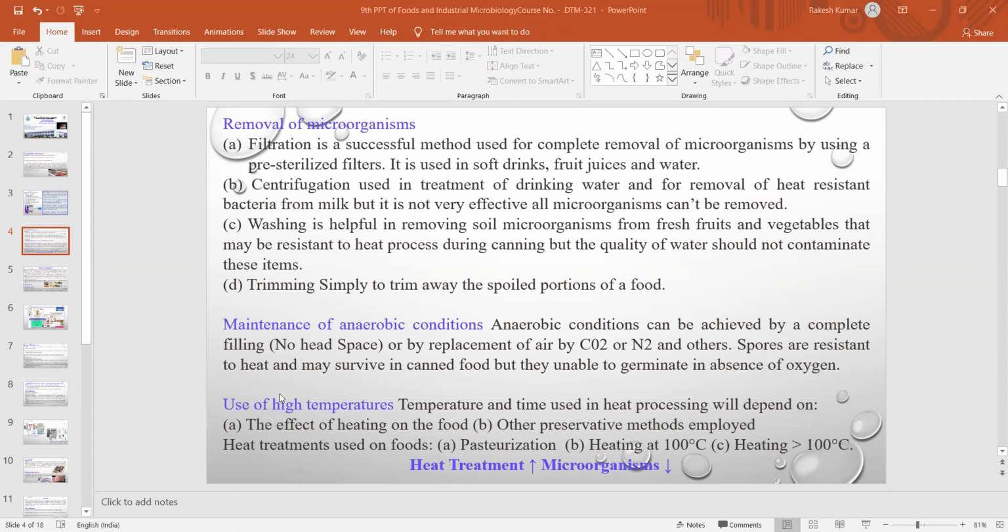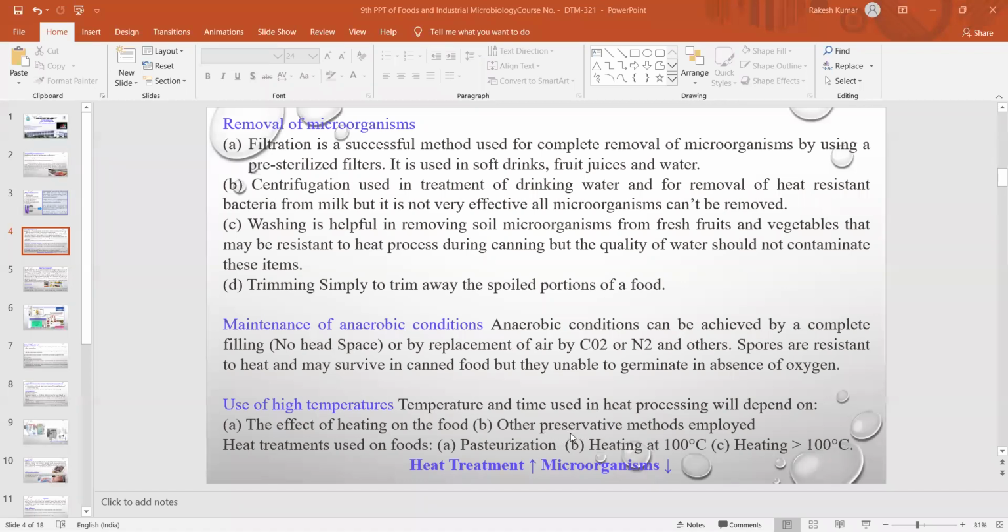Now, sometimes people are using high temperature in some kinds of food item. So the temperature and time used in heat processing will depend upon the effect of heating on the food. What type of food is there, what type of final product you have to manufacture, and what is your main aim. Depending upon that, you have to choose a particular time-temperature combination.